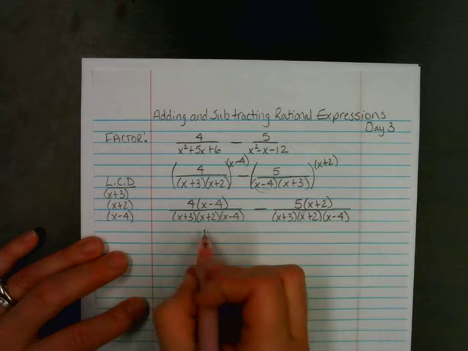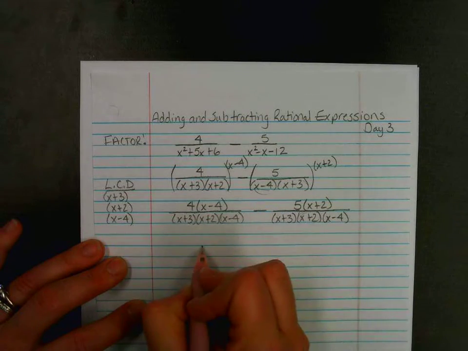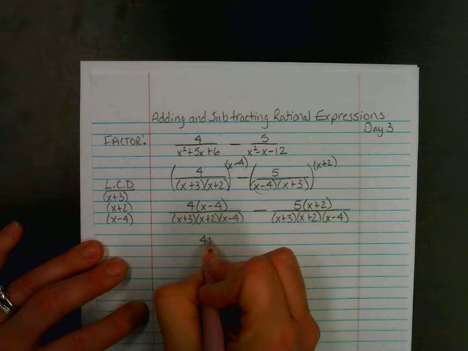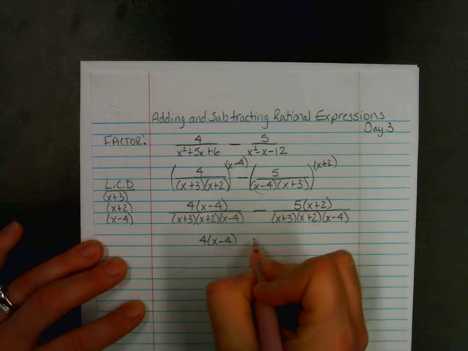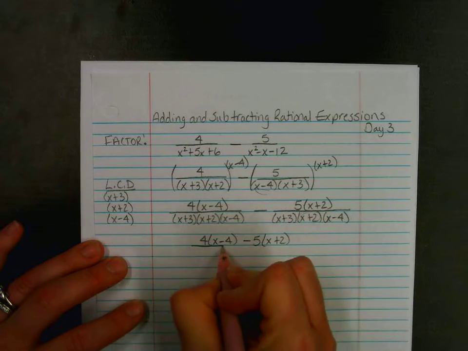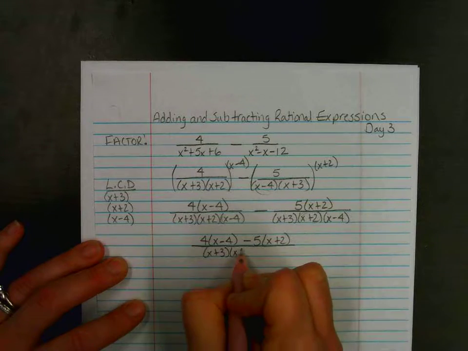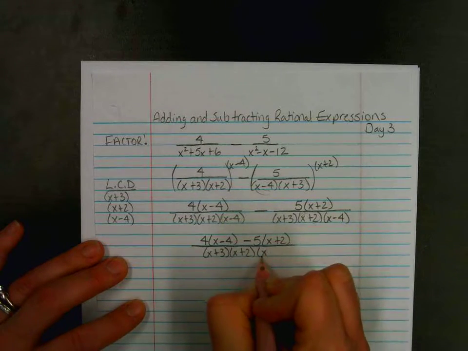So now I can subtract these by writing it all over the same denominator. So I have a 4 bracket x minus 4 minus 5 bracket x plus 2 all over x plus 3 times x plus 2 times an x minus 4.